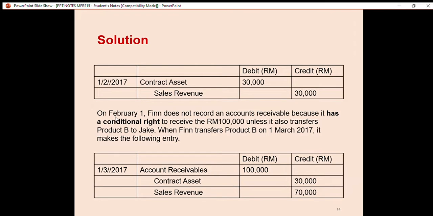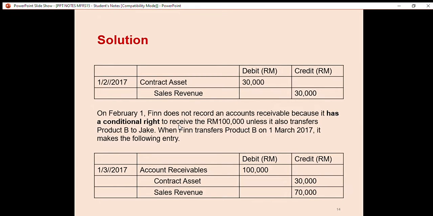On 1st February, Finn does not record an account receivable because it has a conditional right to receive RM 100,000 unless it also transfers product B to Jake. That means the seller, Finn Berhad, has another performance obligation to be satisfied, that is to transfer product B to the customer.